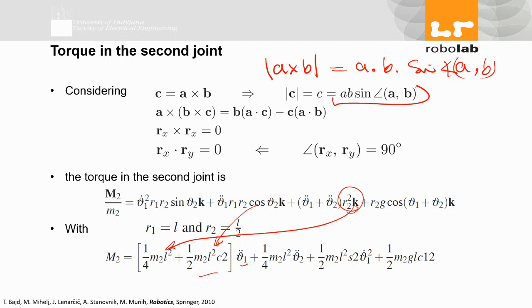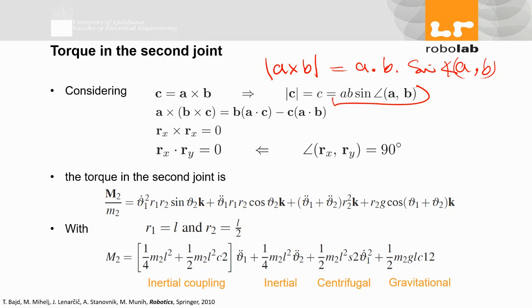And the rest of them as well. You rearrange them based on what you have, and the result will be similar to what we had before: four components, inertial coupling, centrifugal, and gravitational components.